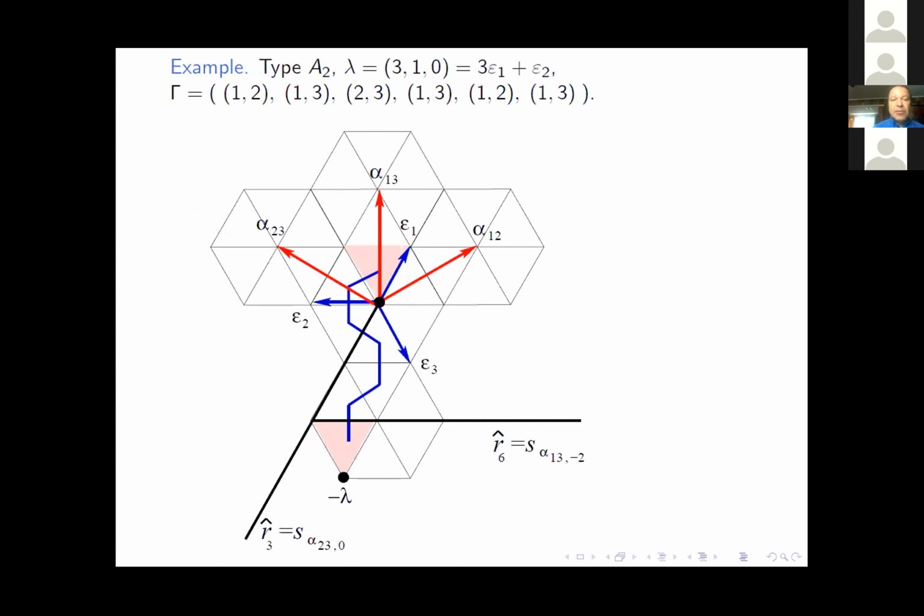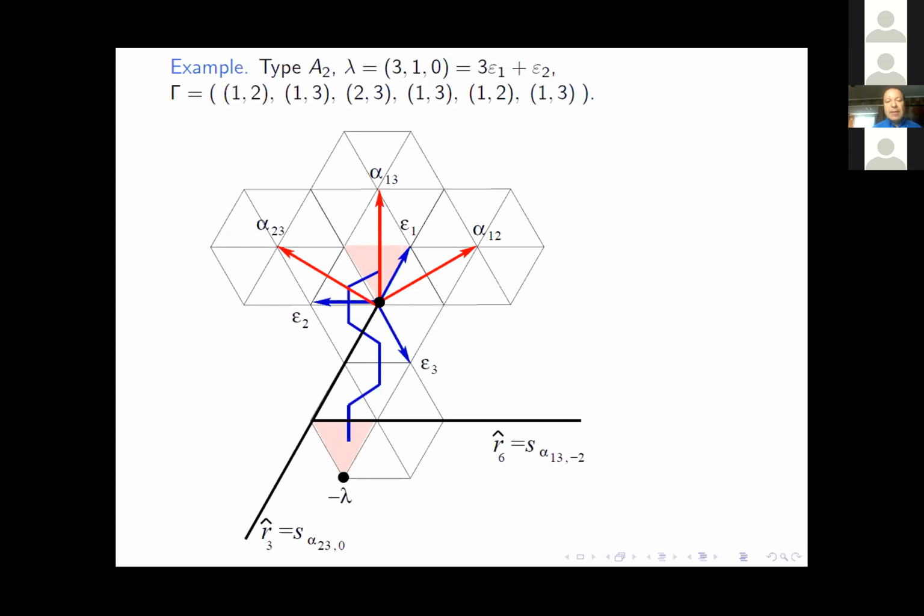In type A2, if you take the weight 3,1,0, so 3 epsilon 1 plus epsilon 2, you see here the projection of the roots from R3 to R2. In blue, you see the coordinate vectors epsilon 1, 2, 3.